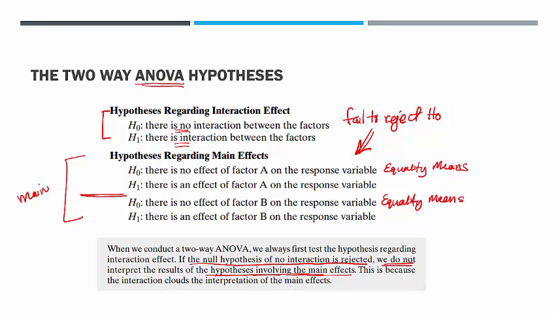The row factor and the column factor. So the null hypothesis of no effect would mean that the means are equal, and that there is an effect would tell you that at least one mean is different. Okay, and that's the same for the test of both main effects.